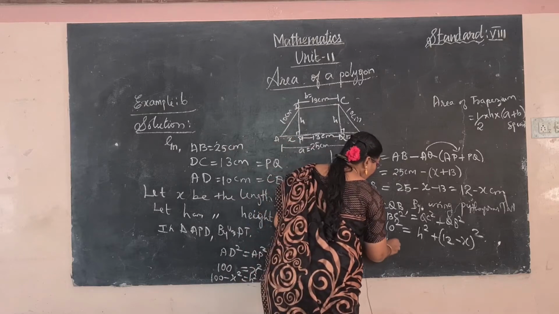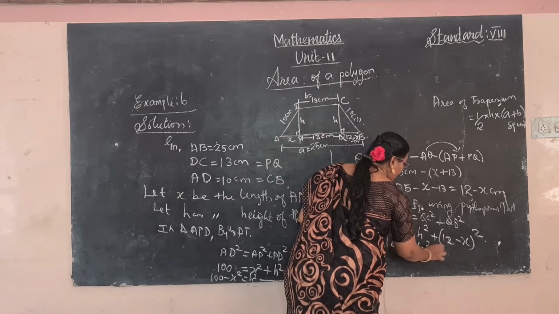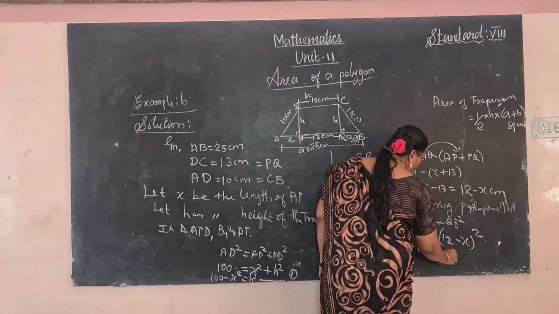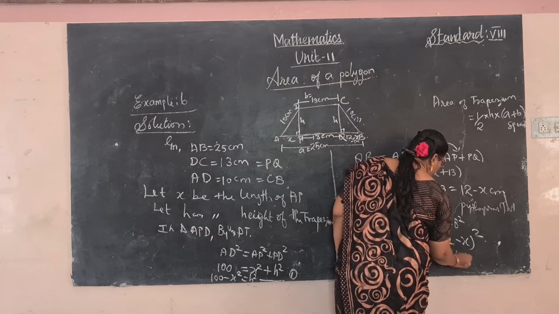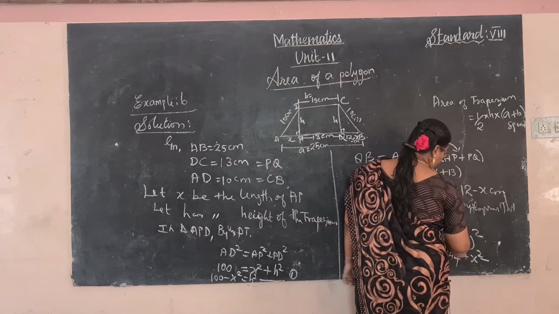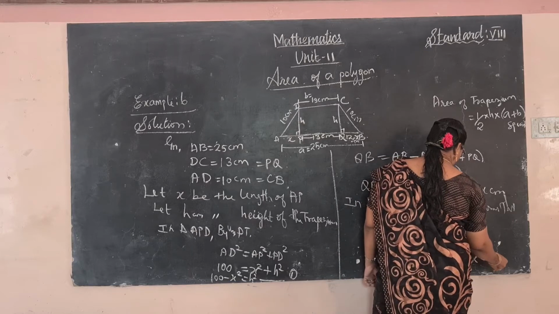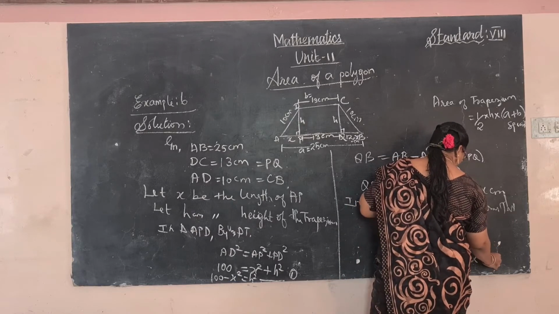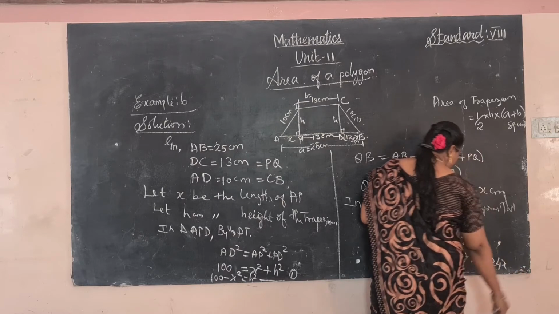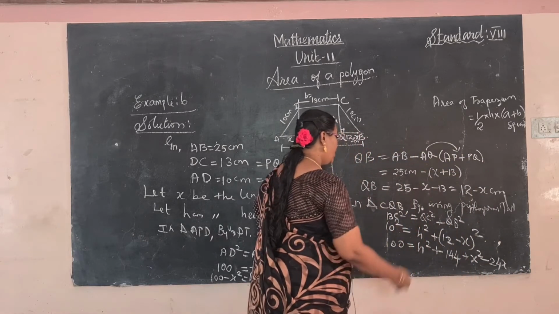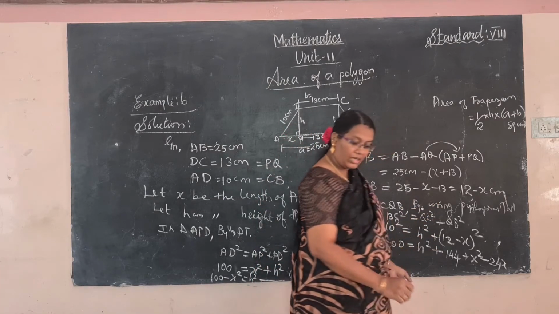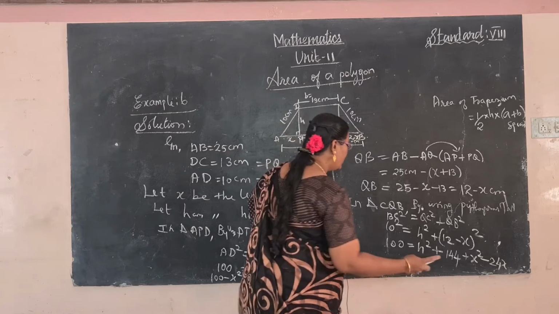So squaring it, 100 equals h squared plus, with a minus b the whole square, 144 plus x square minus 2ab, so 2 twelves are 24x. That's it. Now all the terms move to this place.